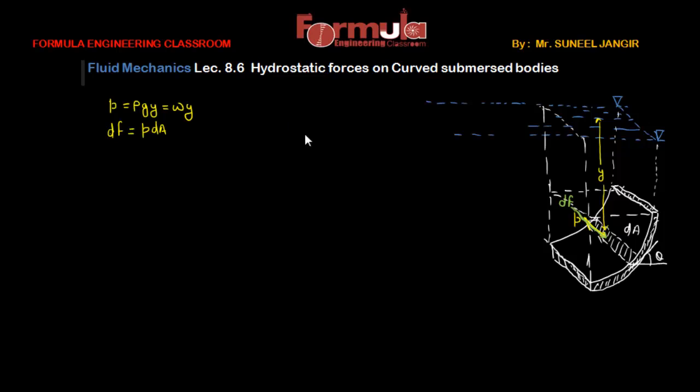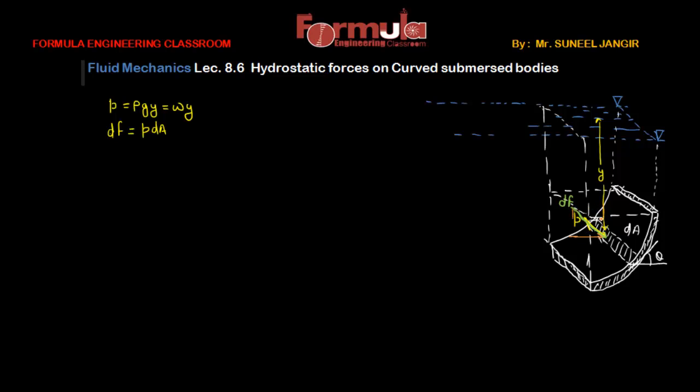To solve this type of problem, we have to resolve this force in the horizontal and vertical directions. So let this force have two components: this is the horizontal component, and this is the vertical component.